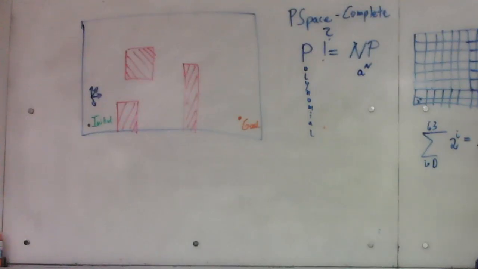Now I forgot what the formula is. It's 2 to the 64 minus 1. And the reason, if you look at it, here we have 1, then we get 2 more, so here we have 2.